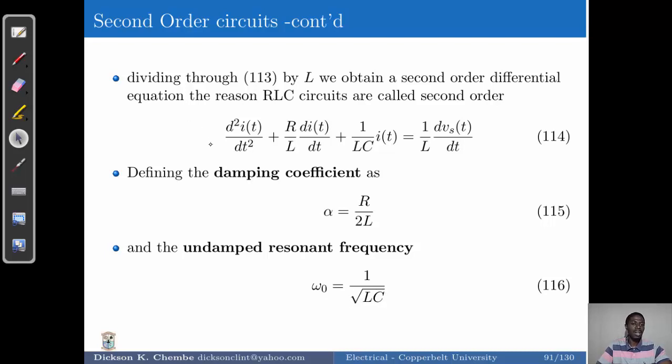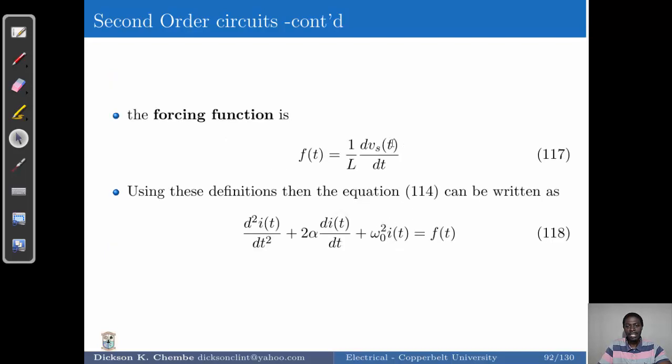Bear in mind that these terminologies may be slightly different for parallel connection of circuits, but we're looking at the series circuit, and this section of the equation is what we call the forcing function.